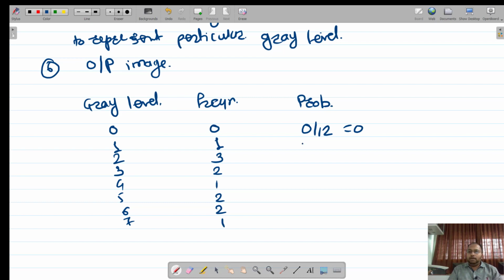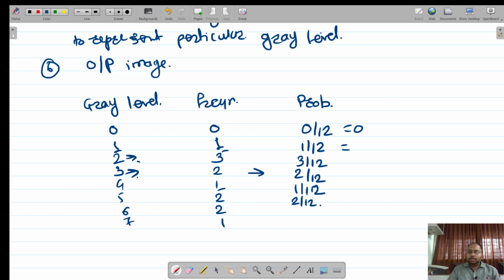1 divided by 12, that is the probability of occurrence of 1. Then 3 divided by 12, that is the probability of occurrence of 2. And now 2 by 12 is the frequency of occurrence of gray level 3. Then 1 divided by 12, are you getting it?